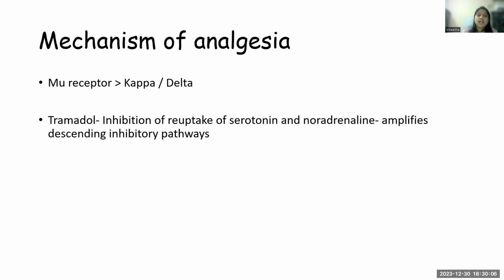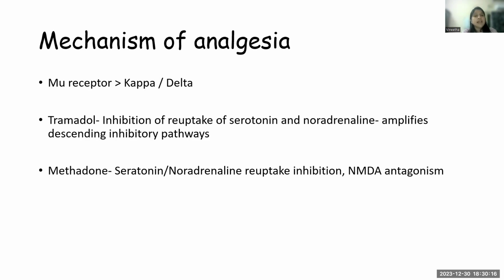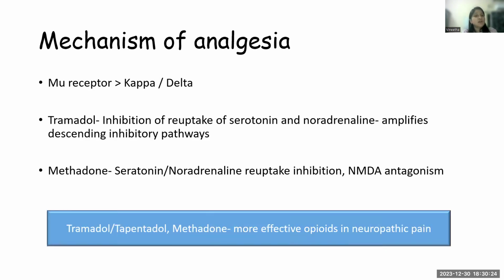Methadone has the same action, inhibition of reuptake of serotonin and noradrenaline, along with NMDA antagonism. That is why methadone and tramadol are effective in neuropathic pain.